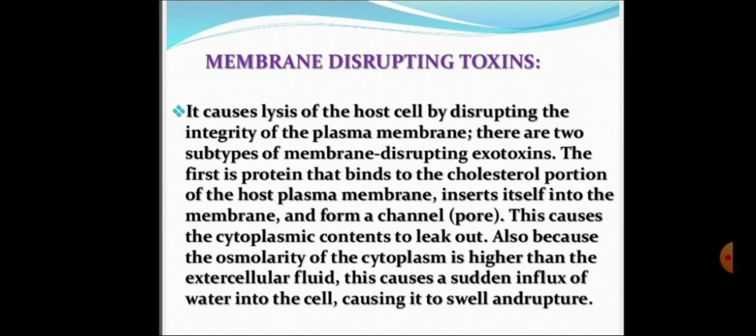This causes the cytoplasmic content to leak out, also because the cytoplasm is higher than the extracellular fluid. This causes a sudden influx of water into the cell, causing it to swell and rupture.